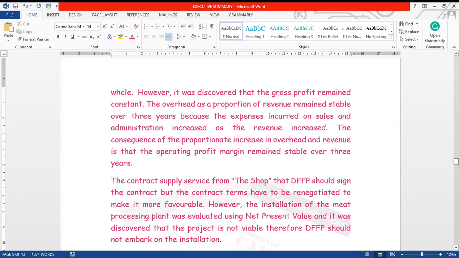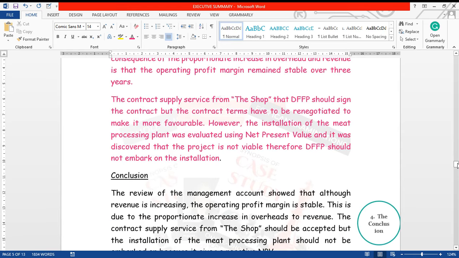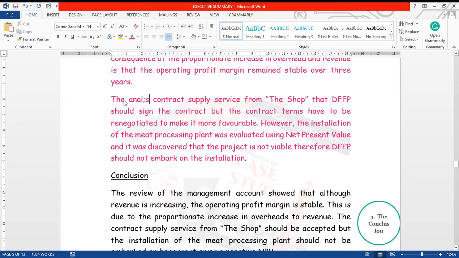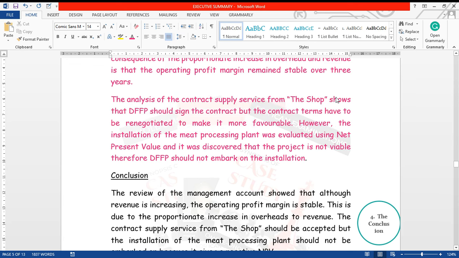Then the next one you have, that's requirement one, right? Then you summarize your requirement two. So the contract service from the shop, the analysis of the contract service from the shop shows that DFFP should sign the contract, but the contract terms have to be negotiated to make it more favorable.